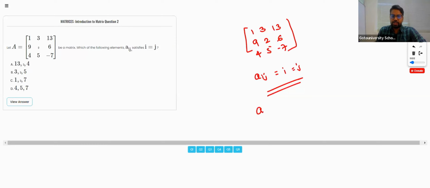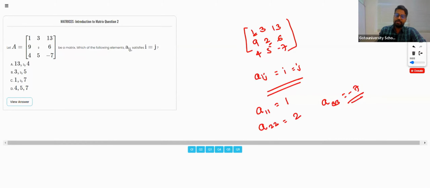If i has to be equal to j, there are 3 possibilities here because the number of rows is 3 and the number of columns is also 3. So there will be 3 possibilities: A11, that is 1, A22, that is 2, and A33, which is -7. So these elements are here.